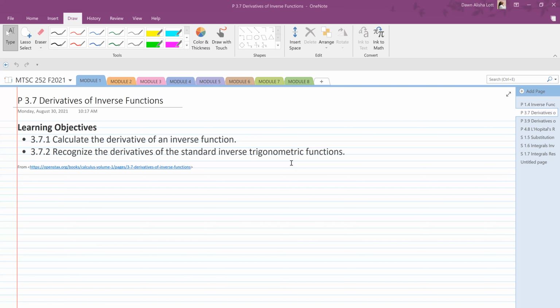Okay, so now we want to look at how we find the derivative of the inverse function. Some of these are rather easy to find, and some of them are not.